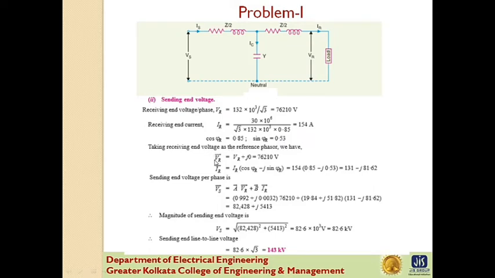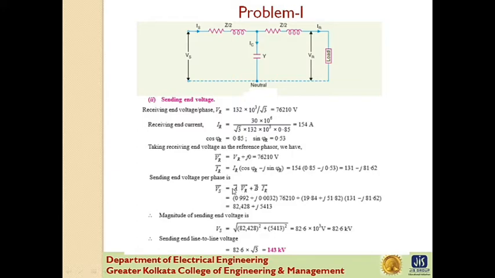Now VR equals VR plus j0, because we take VR as the reference phasor, and IR is equal to IR cos phi r minus j sin phi r. Now putting the values of IR cos phi r and sin phi r, we get IR as 131 minus j81.62. Now we already know the expression Vs equals A VR plus B IR, and we know the values of A, VR, B and IR.